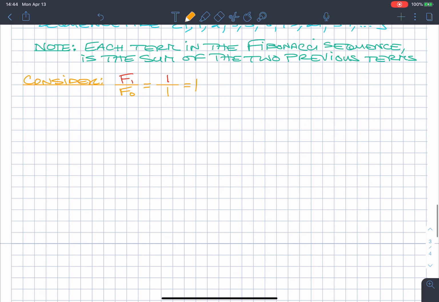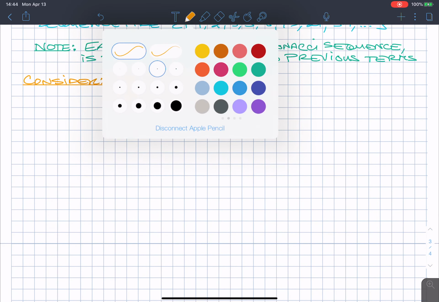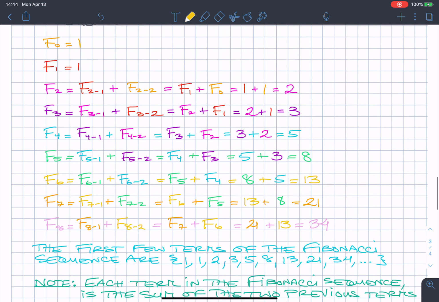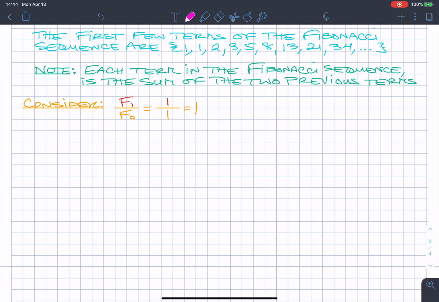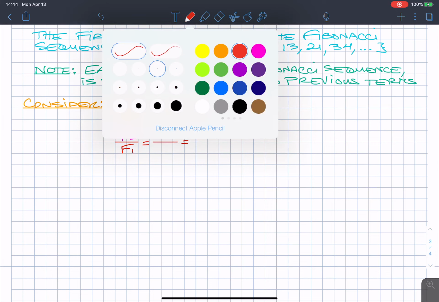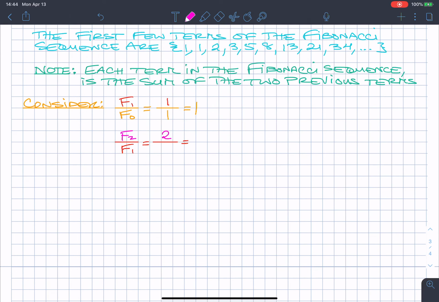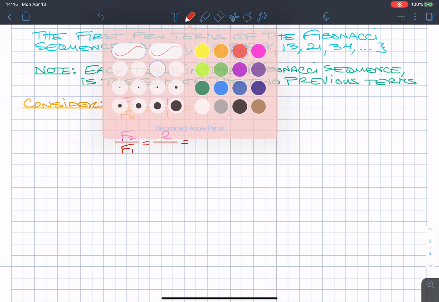Now let's do f sub 2. What color did I use for f sub 2? I used hot pink. Okay, so let's have the ratio, what is f sub 2 divided by f sub 1? Well, that's going to be 2 over 1, which is 2.